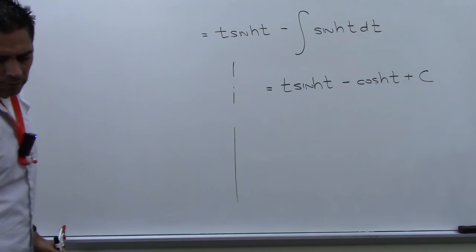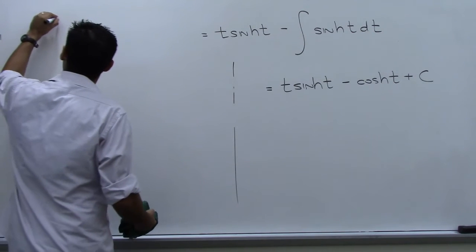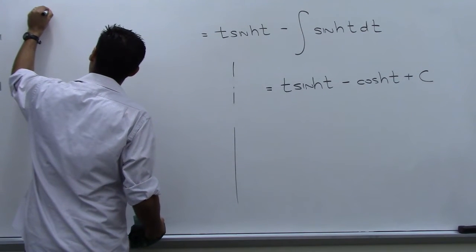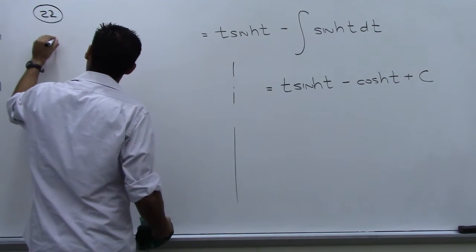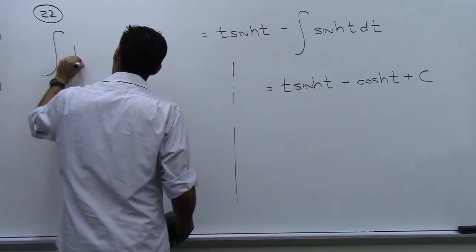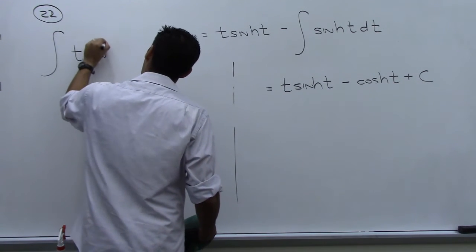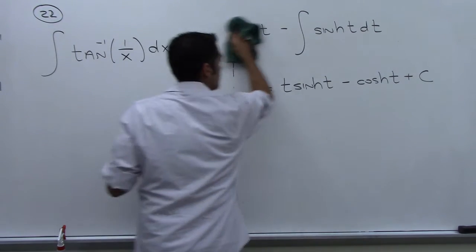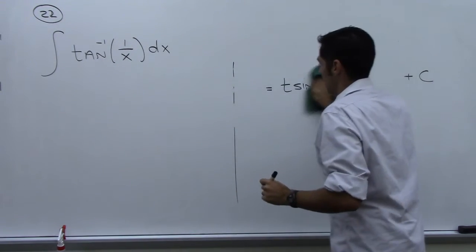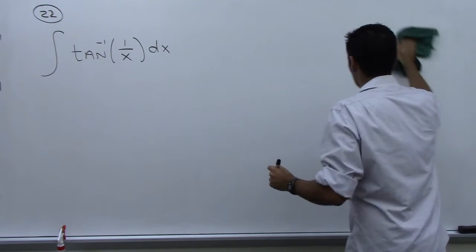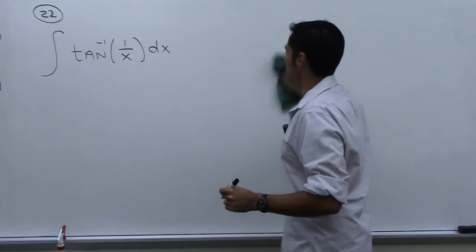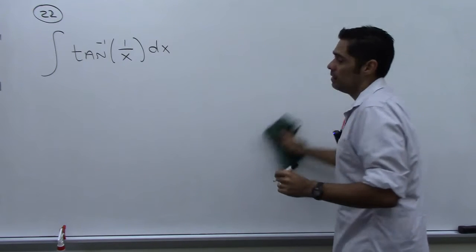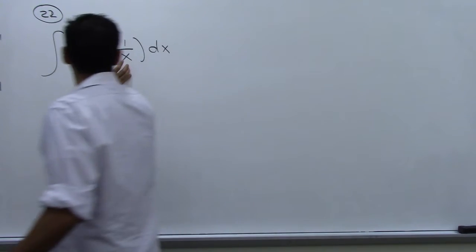Okay, the integral of arctan of 1 over x dx. So 22. Arctan of 1 over x dx. All right, well, not real happy with this because I only have one factor here.